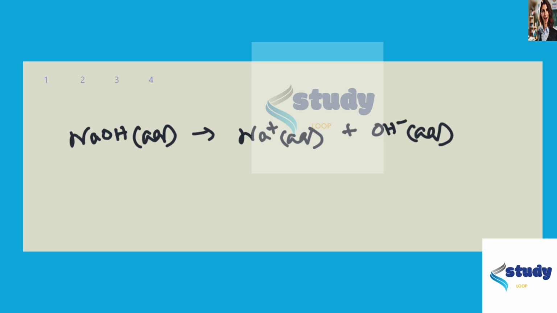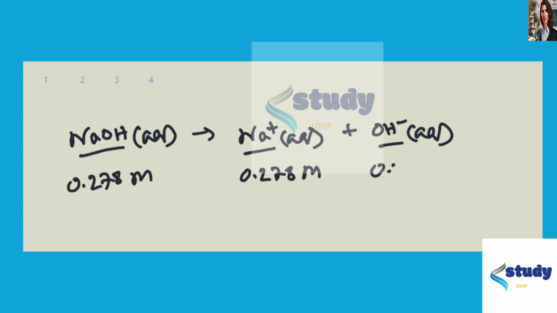Since from one sodium hydroxide we will get one sodium and one hydroxide, that means if the sodium hydroxide concentration is 0.278 molar, the concentration of sodium ion will be 0.278 molar, and the hydroxide ion concentration will also be 0.278 molar. So these are the concentrations of each ion present in the final mixture of sodium hydroxide here.